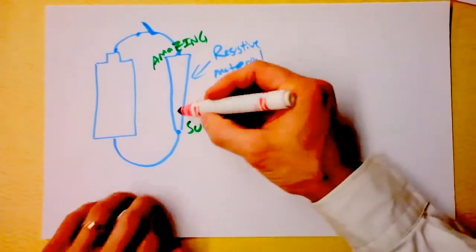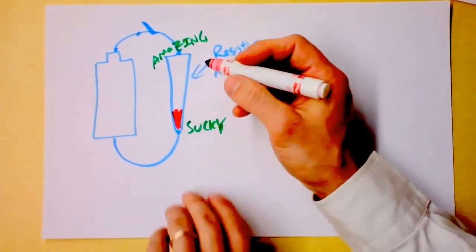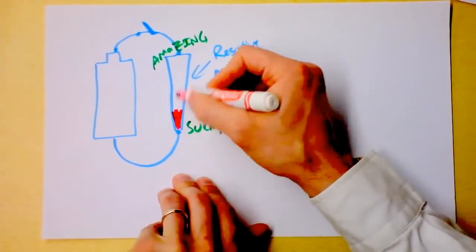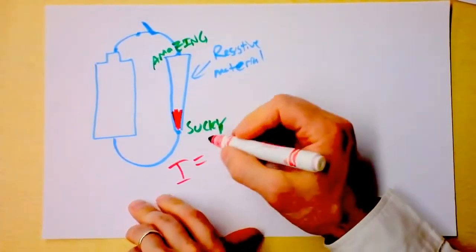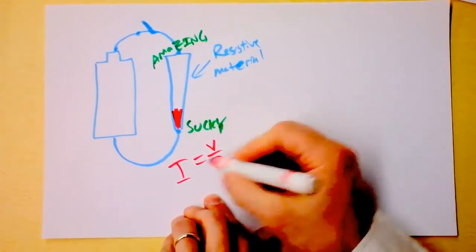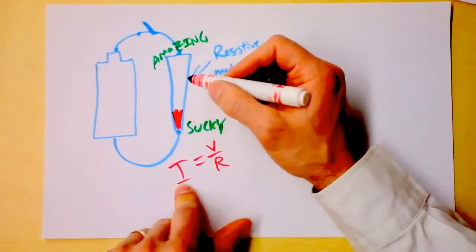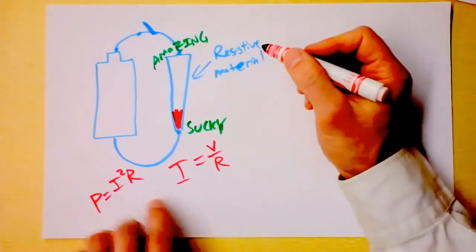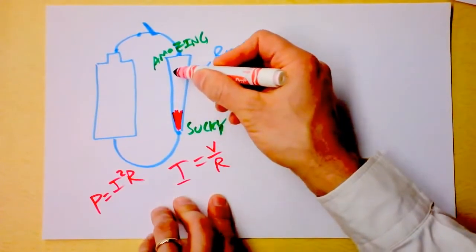Even with a bad battery, down here will heat up, and you'll see red or yellow or however they design it. And if the battery's even better, then there'll be even more current flowing through here. The current is related by V is IR, so I is V over R. The power to heat it up is P is I squared times R, and the resistance is getting less and less up here.